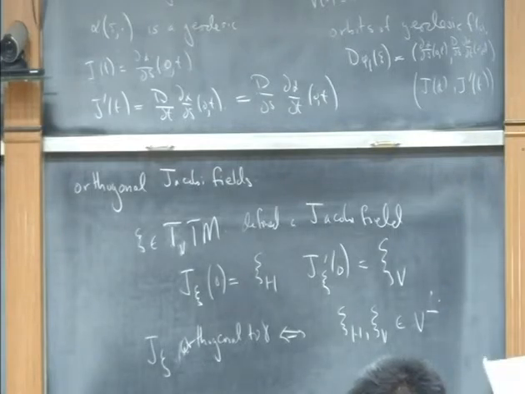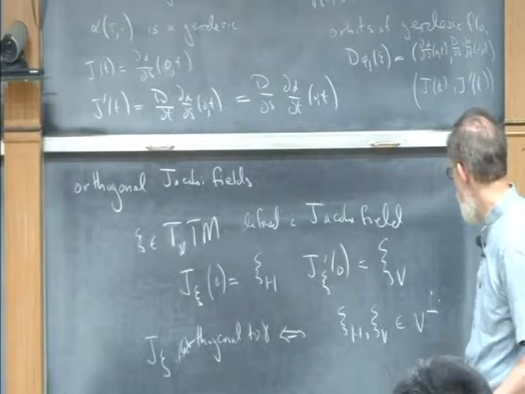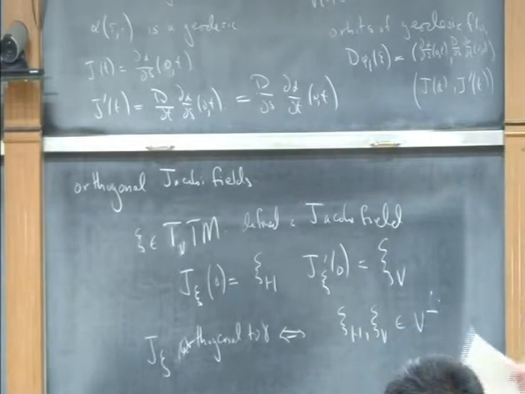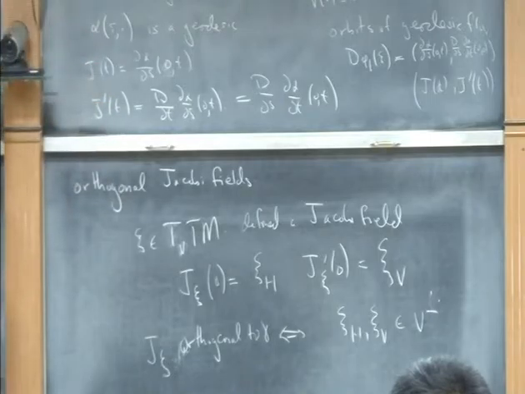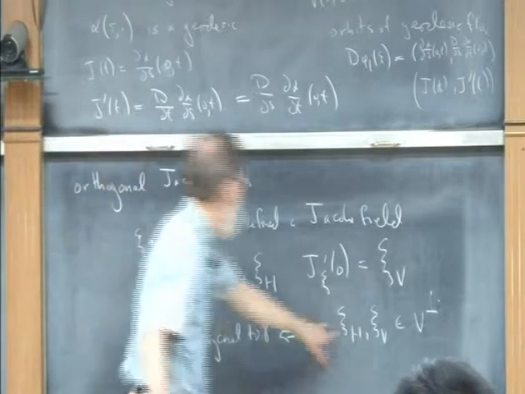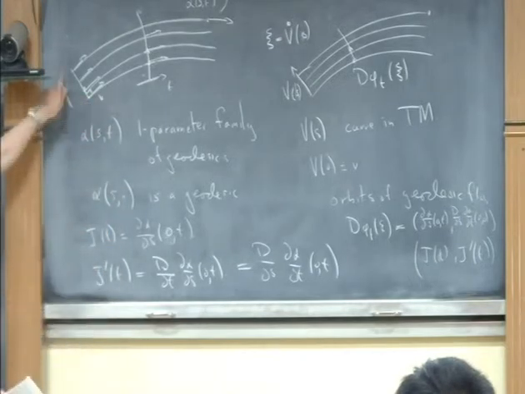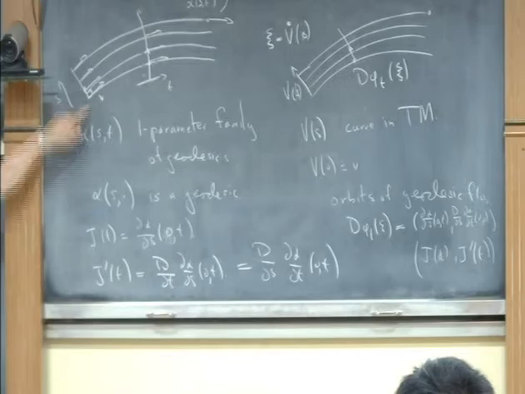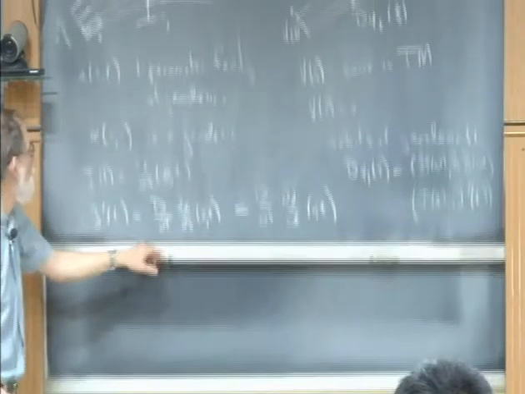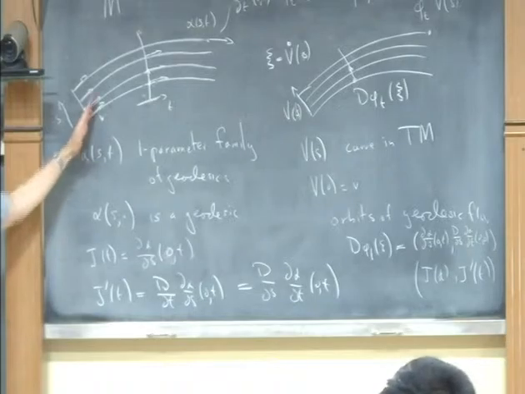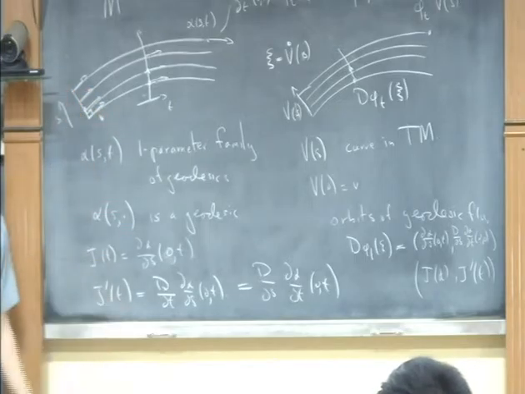And geometrically, what this means is the fact that you keep xi v in v perp means that if v is a unit vector, you vary through unit speed geodesics, and having xi h in v perp means that you make your curve of initial points start off perpendicular to v, and you don't gain anything of geometrical interest by changing the speed of the geodesic or by going at an angle, because you can just change the parameterization so that you go perpendicular.